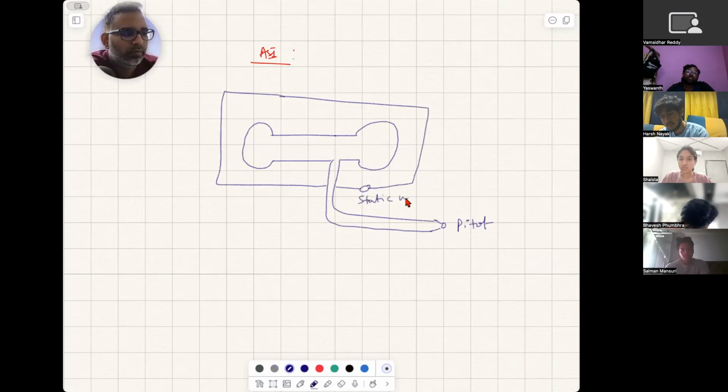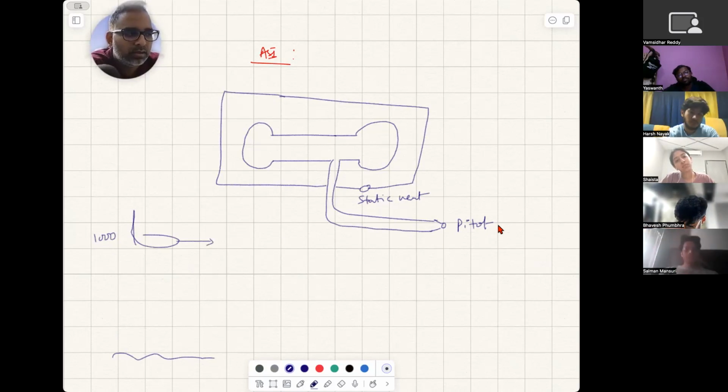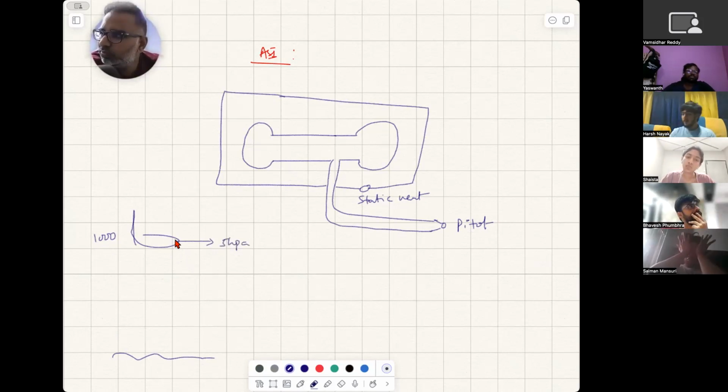Let's say an aircraft is cruising at a certain level from the ground. Let's say the static pressure is 1000 here. Because of the aircraft movement forwards, extra air, that is dynamic pressure, will go inside. Let's say 5 hectopascals. We'll assume 5 hectopascals. Yes or no?